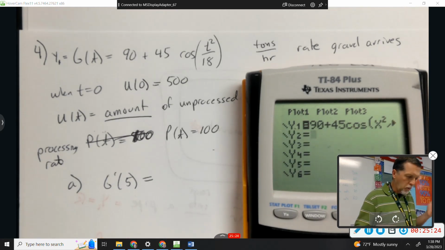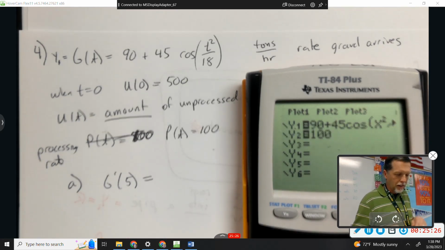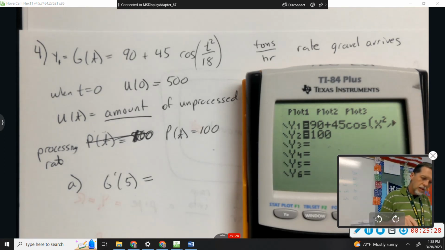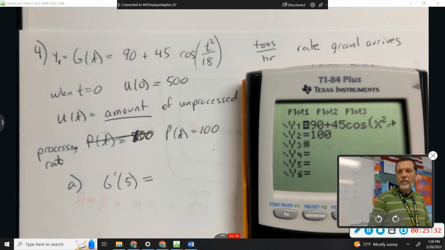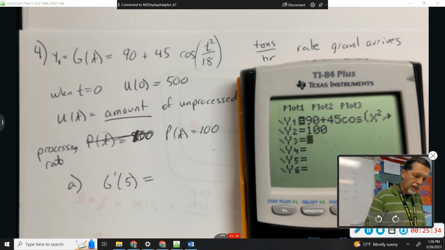I guess I could put Y2 as 100 if we ever need to integrate both of them. I'm going to turn that one off for the graph though, because I don't really want to see that. I just want G prime of 5.